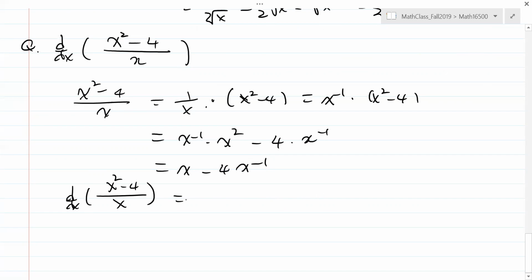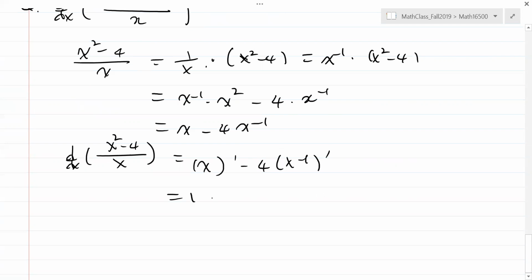So it's going to be the derivative of the first term minus the derivative of the second. It's 1 minus 4 times -1 times x to the negative 2. Simplify a little bit: it's 1 plus 4x to the negative 2.